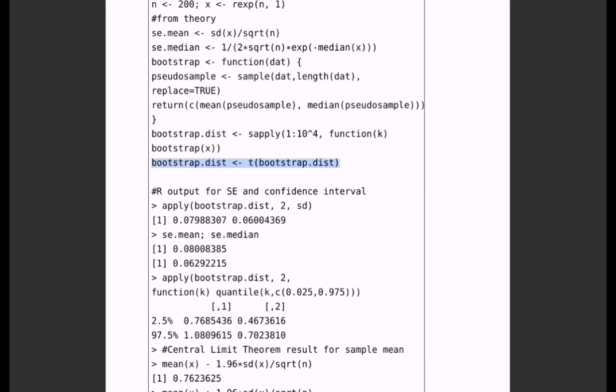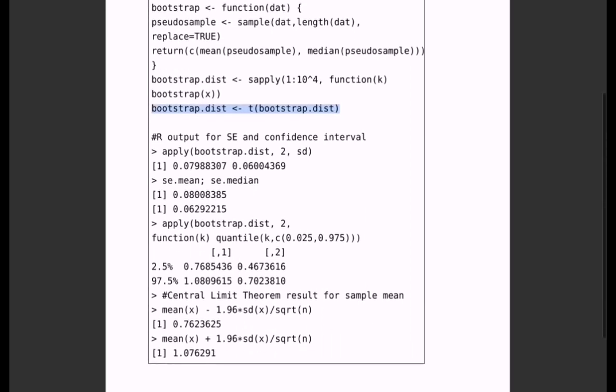Once I transpose it, they are on the columns, which is easier to read. So if you apply the bootstrap, you iterate through this, and this is a distribution of the mean and the median of your pseudo samples.